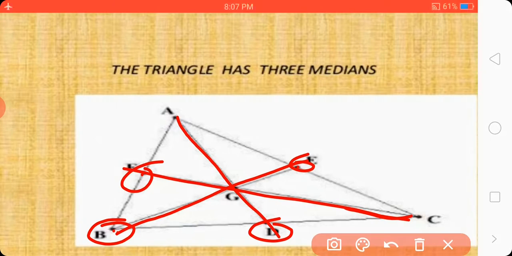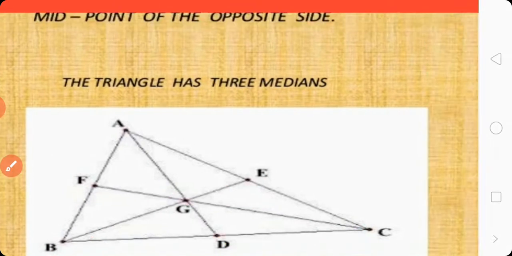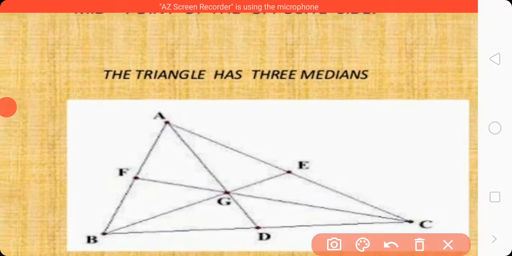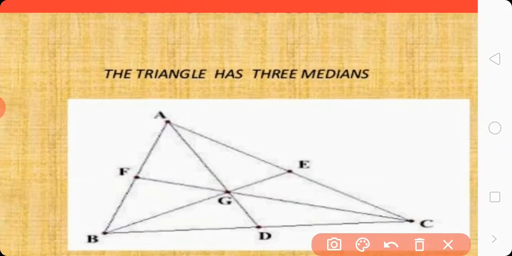These three line segments are called medians. In a triangle, there are three medians, and see, the three medians meet at G, intersect each other at G.